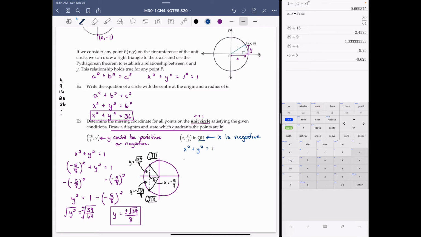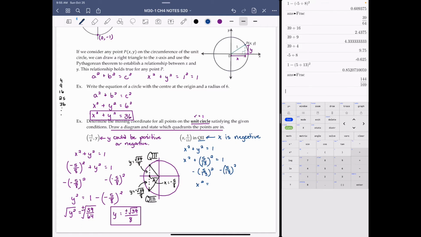Plug in our values. X squared plus 5 over 13 in brackets squared equals 1. Subtract 5 over 13 squared so we can isolate the x. Then x squared equals, let's do 1 minus bracket 5 divided by 13, close bracket, squared.